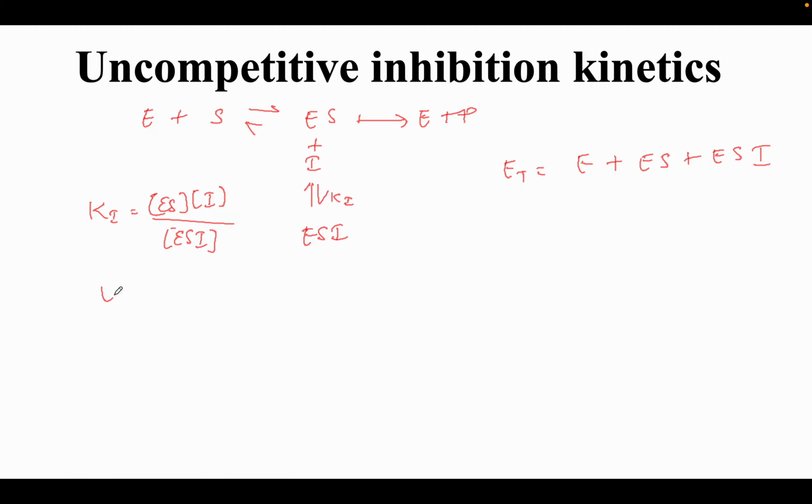Then again we know that K2ES, but if it is Vmax it will be K2ET. All the enzymes will get converted to ES, so we'll have a maximum velocity.